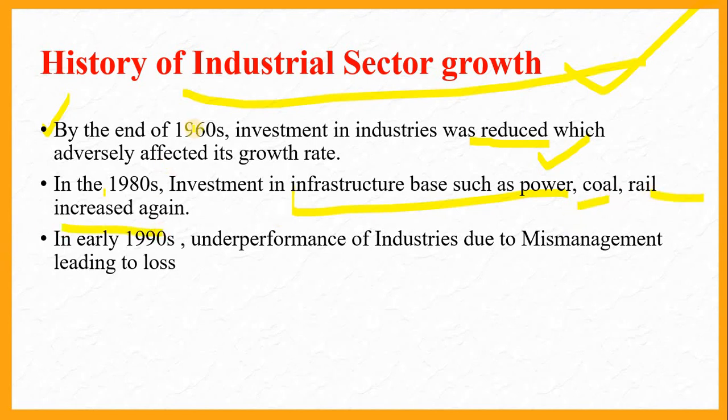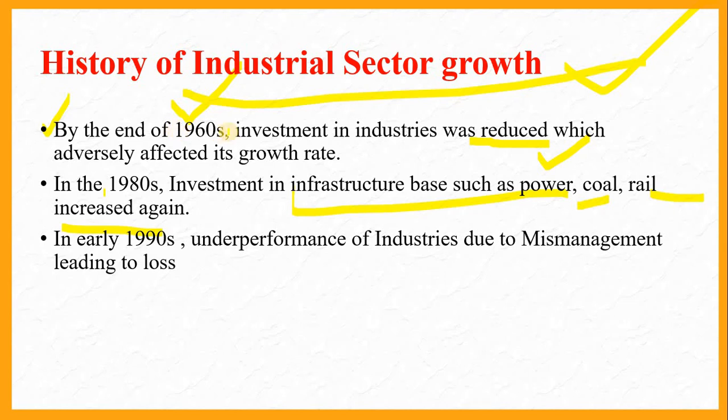In the 60s it reduced because in India we suffered huge losses from the 60s to 70s because of the war with China and the war with Pakistan. So India didn't have much money to spend on its economic growth and development. You will learn about it in higher classes.